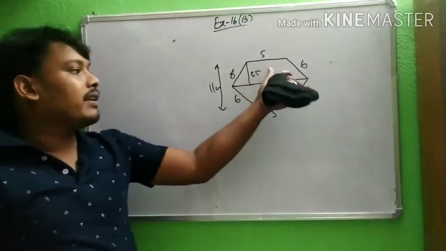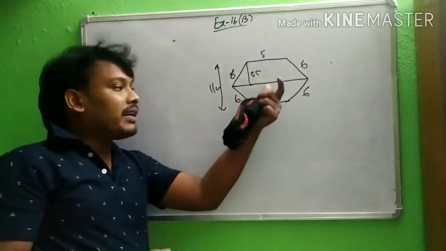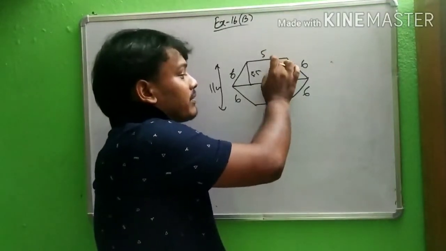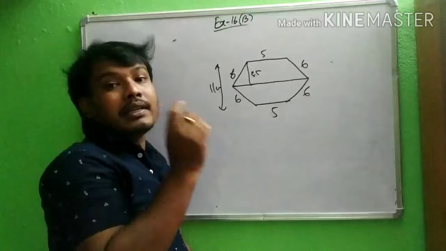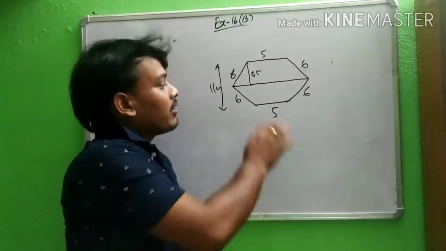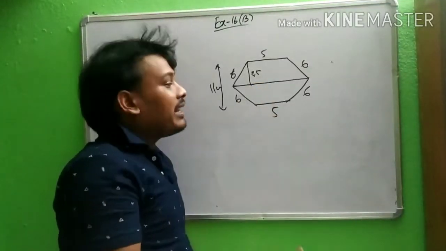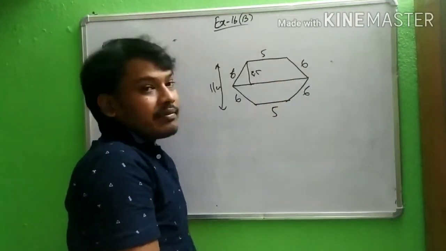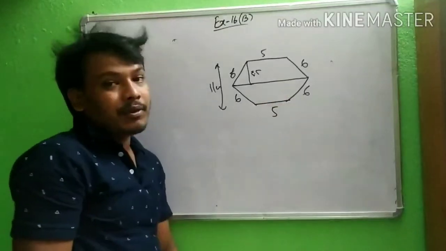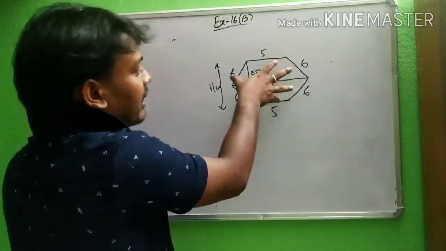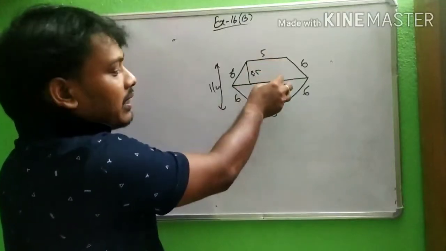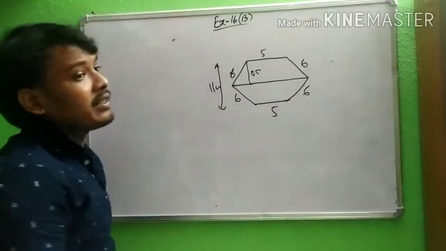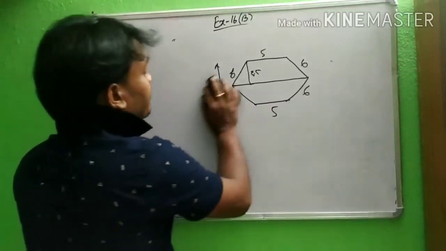If we divide the hexagon into 2 parts, the first part and the second part become trapeziums. We already know how to find the area of a trapezium, so we can easily find the area of each trapezium. Then the area of the figure is the area of the first trapezium plus the area of the second trapezium. In this way we can find the area of a polygon.